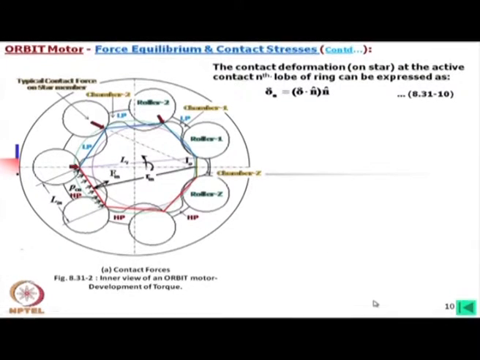Now, the contact deformation on the star at the active contacts of the nth lobe of the ring can be expressed. What we are doing is taking the actual total deformation, and from there trying to find out the deformation in the normal direction.